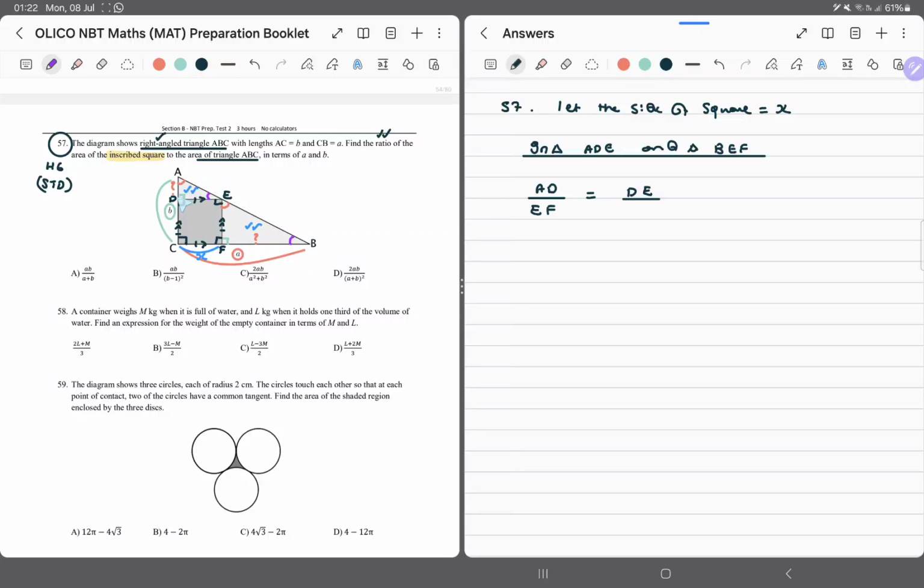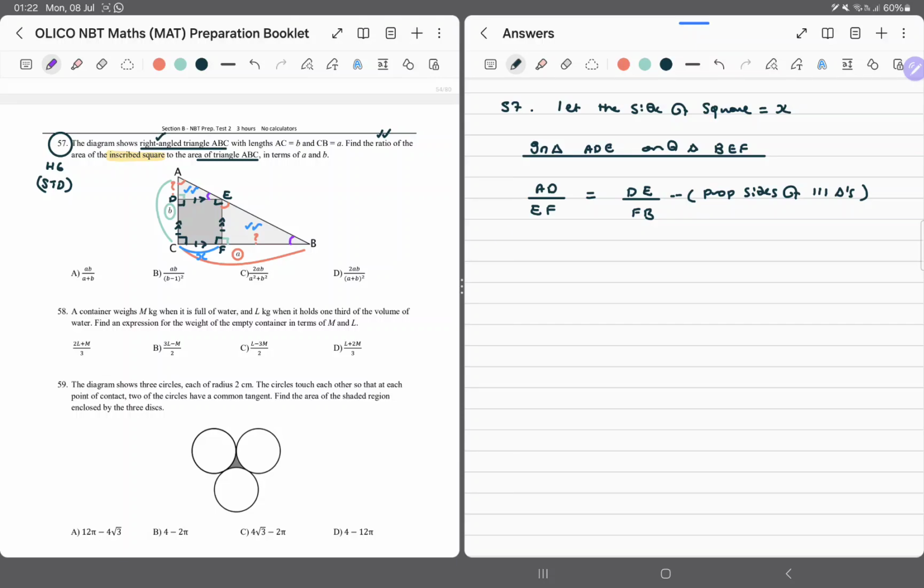Over, now DE is opposite that angle, which is equal to that, and the side opposite that is FB. So here I'm just going to say proportional sides of similar triangles. I'm just suggesting that these two are similar because they are equiangular. Obviously, this would have been a proof because sometimes it carries marks. At this point, I'm just moving fast.